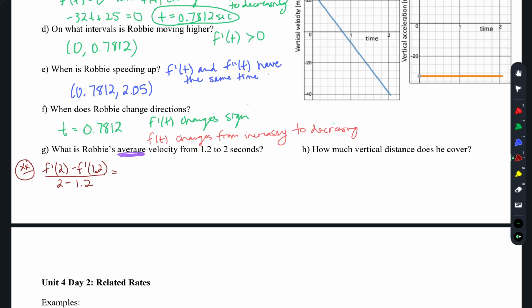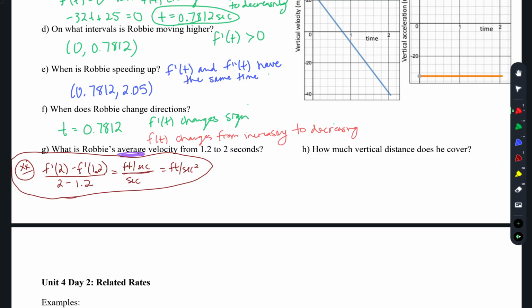Because the numerator unit would be feet per second, right? And then the denominator unit is second. This is average acceleration. So make sure when you're doing average velocity, it's kind of like average rate of change. You're not using your derivatives. You're using your normal stuff because you want a feet per second unit.